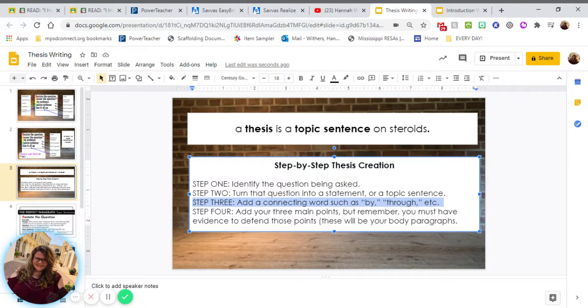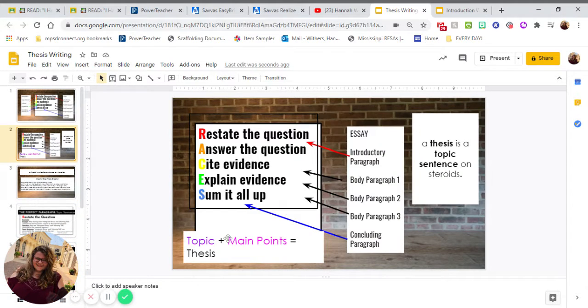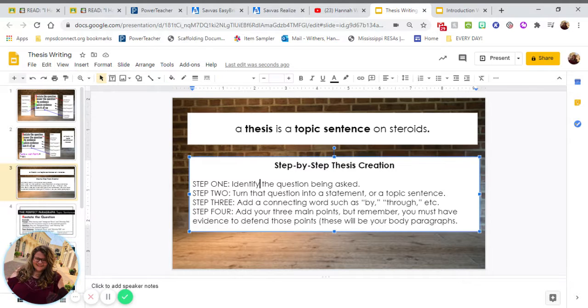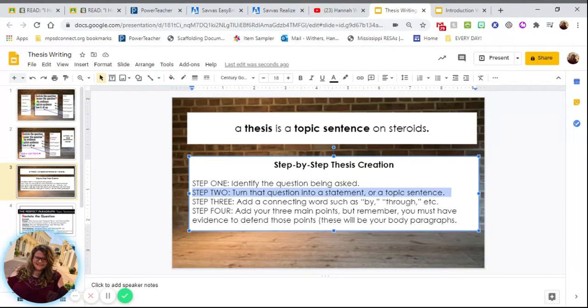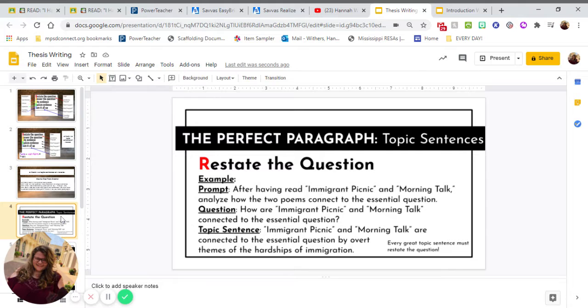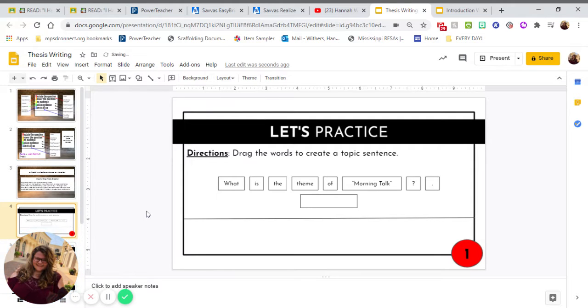Step 3 is to add a connecting word such as by or through, and you'll see what I mean. And then 4 is to add those 3 main points we were just talking about. And that's really as simple as it is, y'all. We are just identifying that question, turning it into a topic sentence, adding the connecting words, and then saying, here's my 3 points. I promise you can do this.